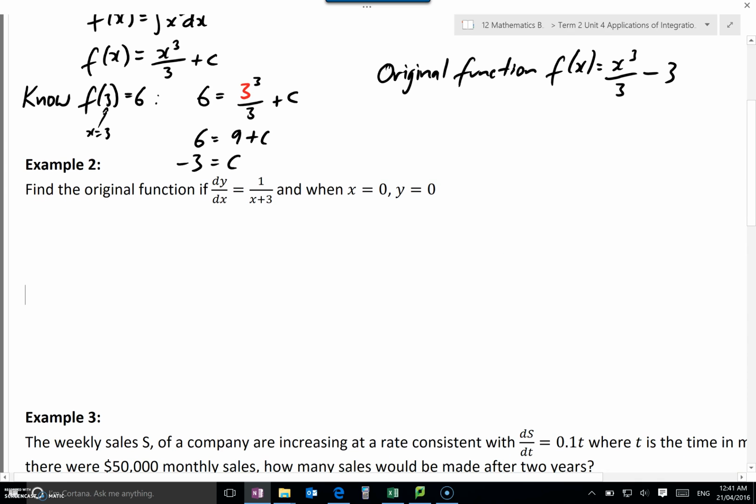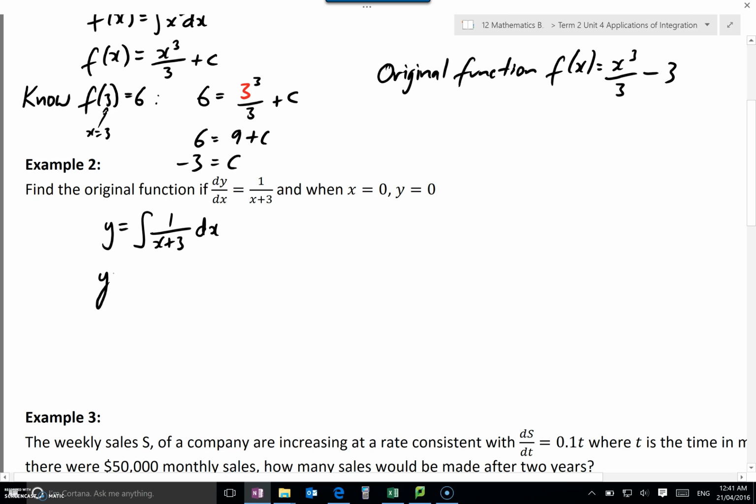Example 2, using slightly different notation: find the original function. Find y if the derivative is 1 on x plus 3, given this condition. Pretty similar problem. To find y, I need to integrate 1 over x plus 3 with respect to x, the opposite of differentiation.